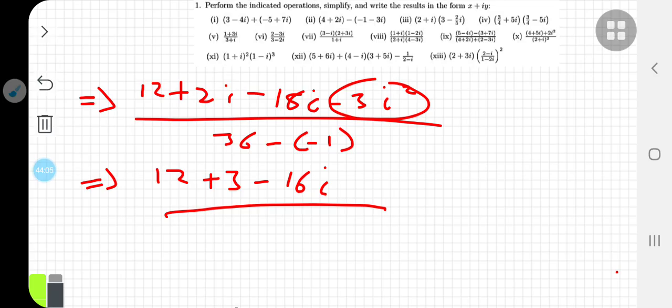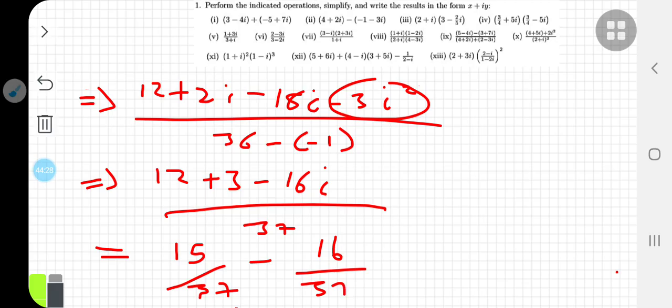That's going to give me 37 there. So from there, I'm going to have 15 over 37, then minus 16 over 37 i there. And this gives me my solution. That's my answer.